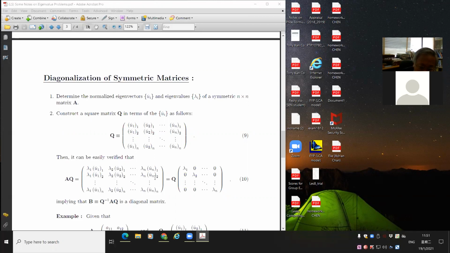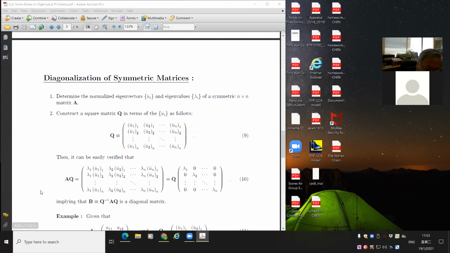It looks very complicated, but actually you can easily recognize that this matrix can be decomposed into this one. Then the next step, we multiply this product matrix by the inverse of the Q matrix. Then you can see right away, if I multiply both sides by Q inverse, the right-hand side will give you a diagonal matrix, because the Q will be removed.